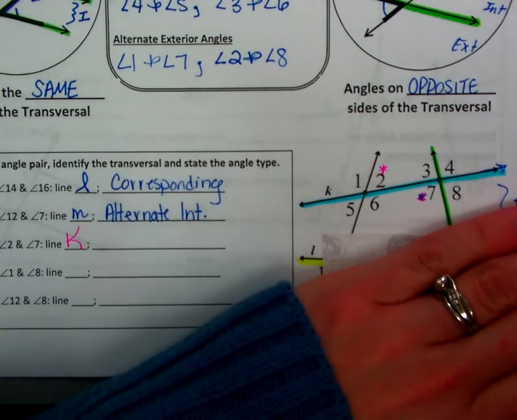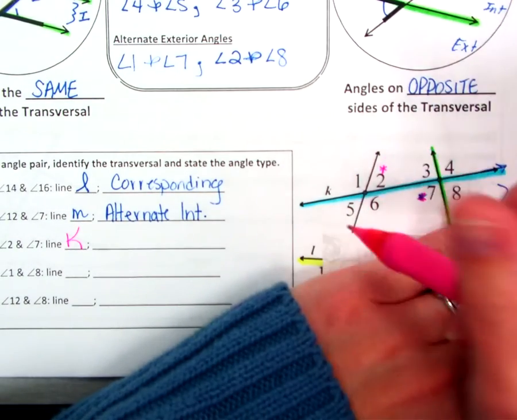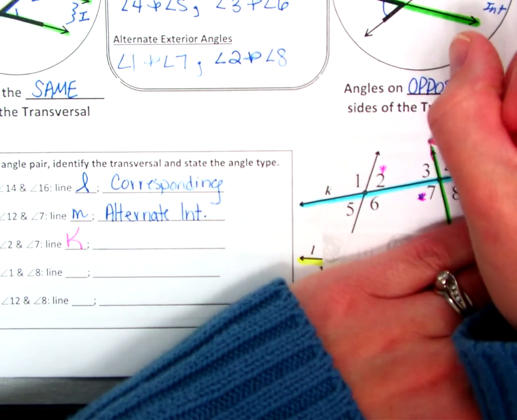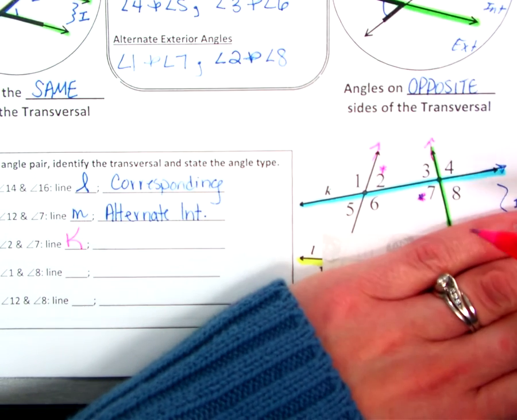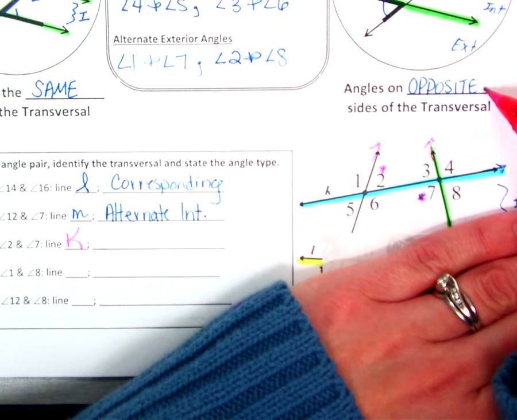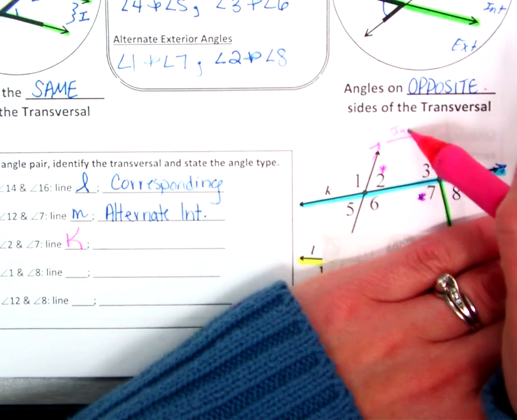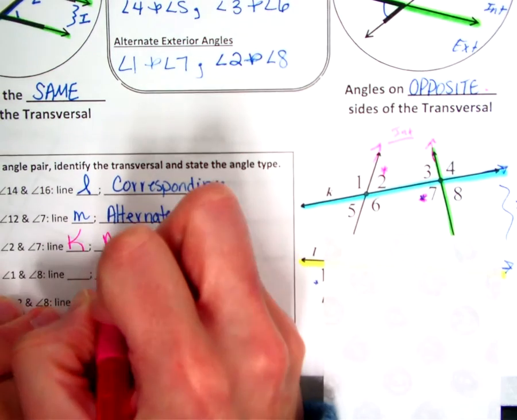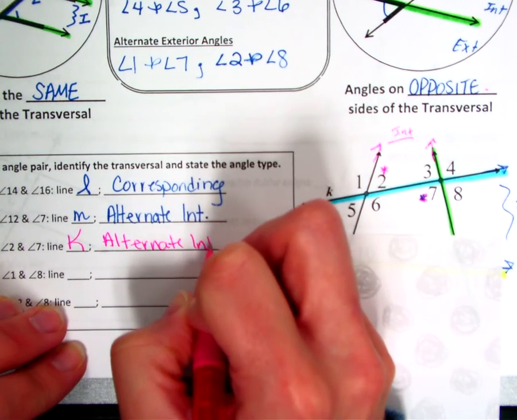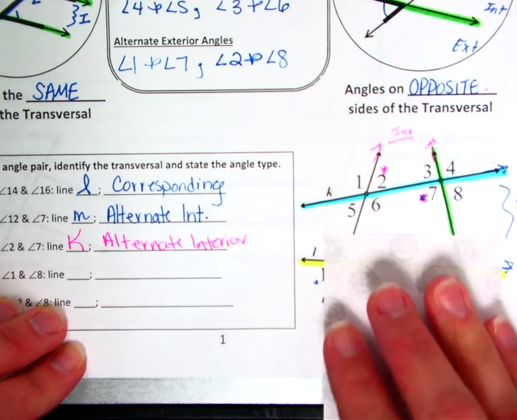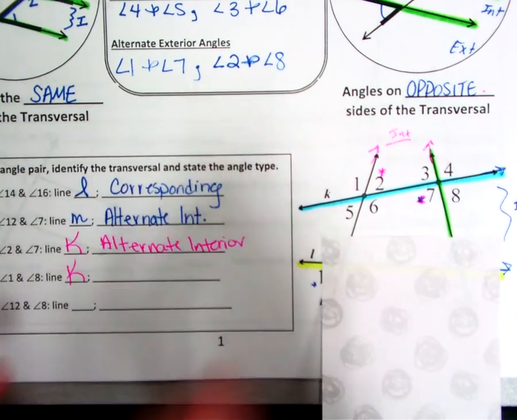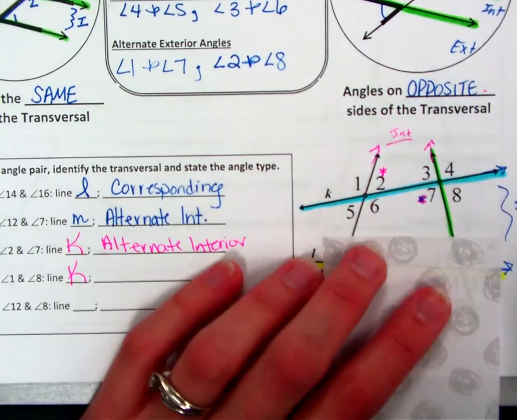And again, don't look at anything else except for the 2 lines and the transversal involved in the problem. So my 2 lines here and here, 2 and 7 are on opposite sides of my transversal, and they're on the interior. So they are alternate interior as well. 1 and 8 are on this same grouping, so K is also the transversal for 1 and 8.